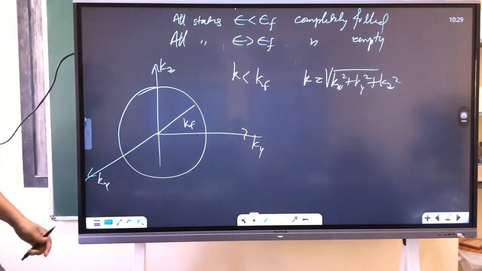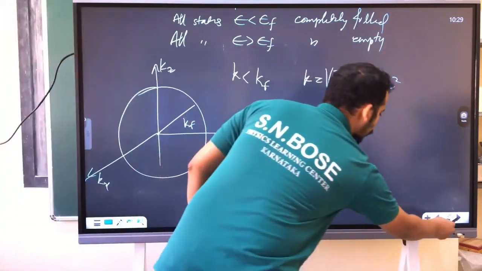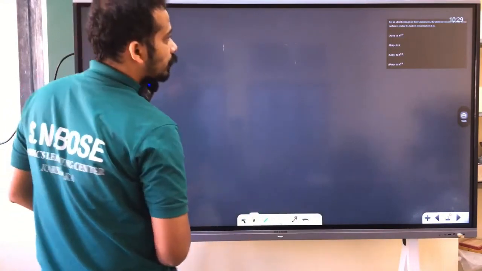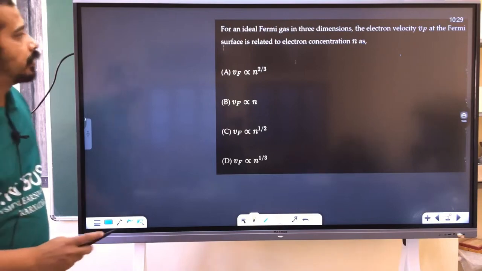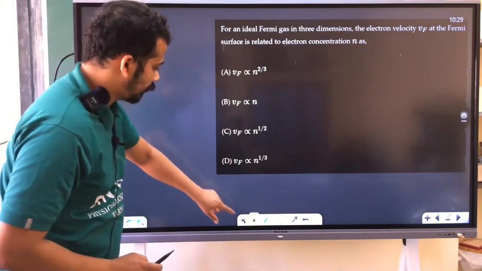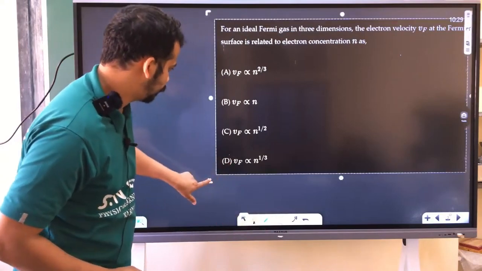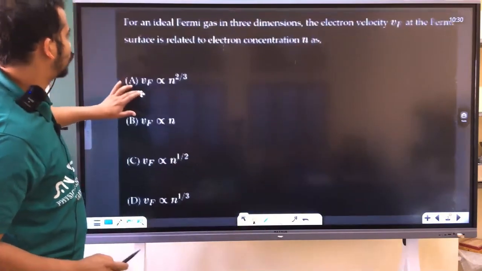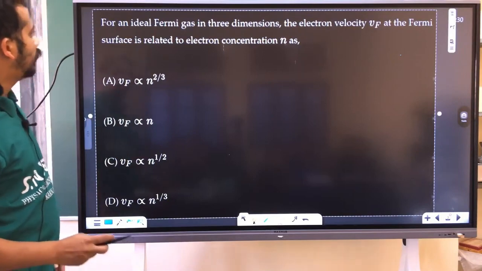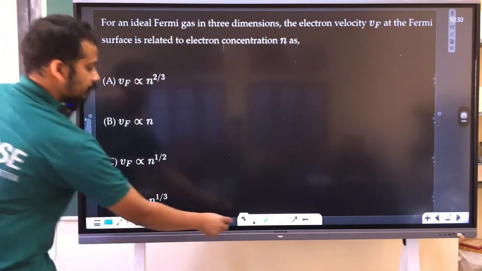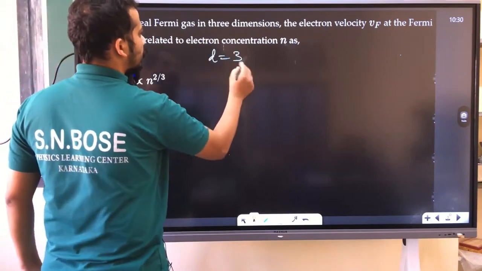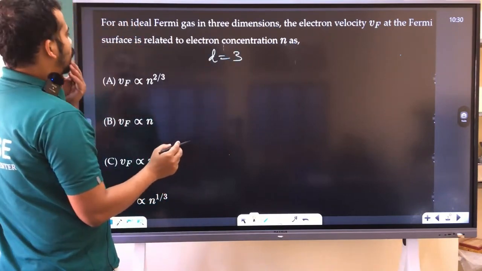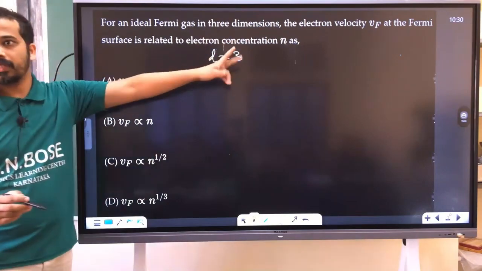Yeah. So shall I move on? Okay, problem: for an ideal Fermi gas in 3 dimensions, okay, D equal to 3, the electron velocity Vf at the Fermi surface is related to concentration. I didn't see whether he talks about relativistic or non-relativistic.